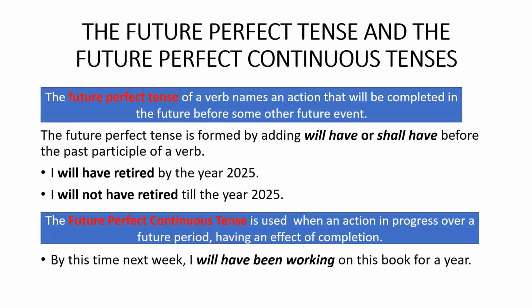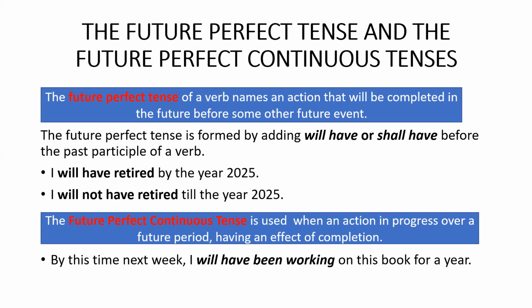The verbs in the given sentences are in future perfect tense. I will have retired by the year 2025. I will not have retired till the year 2025.